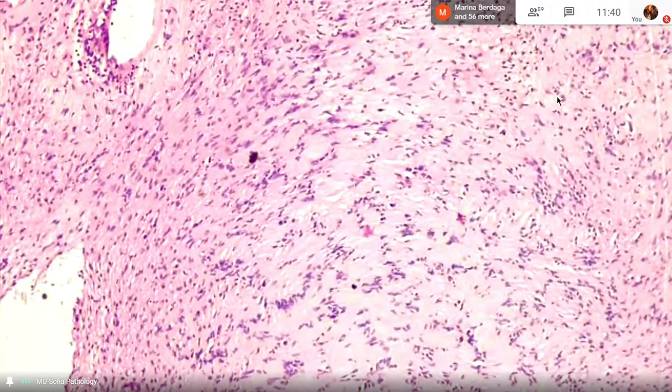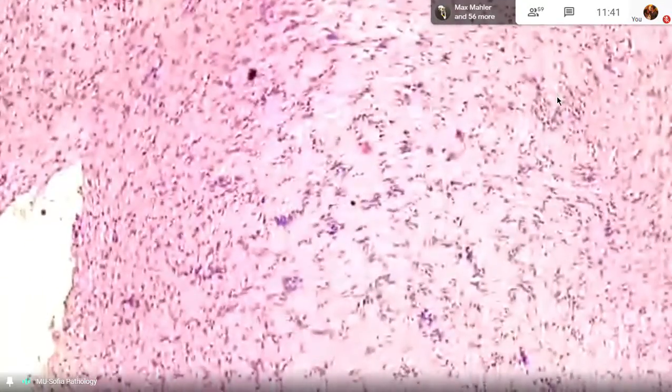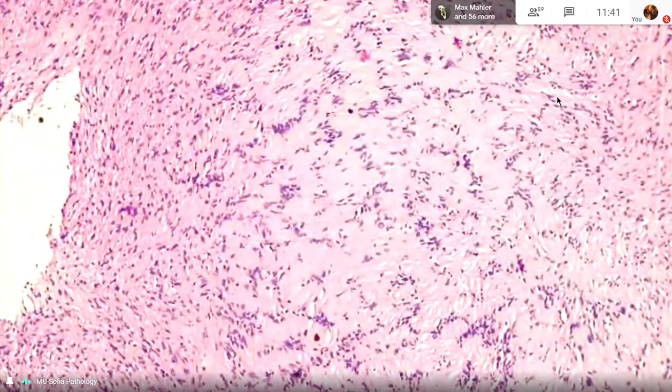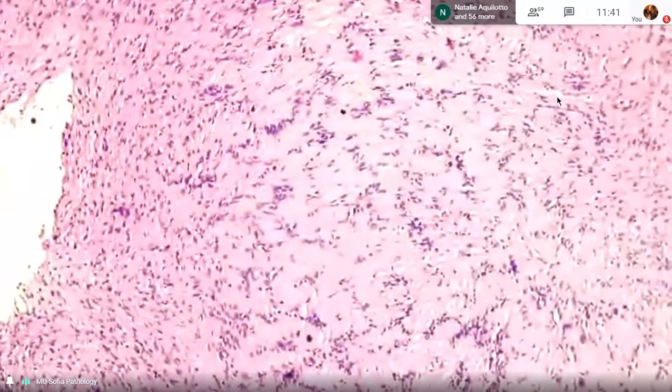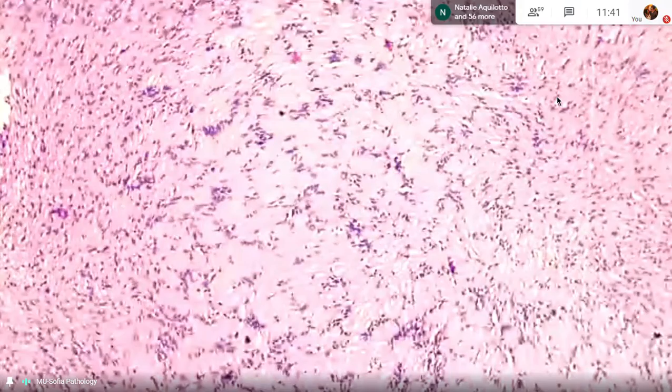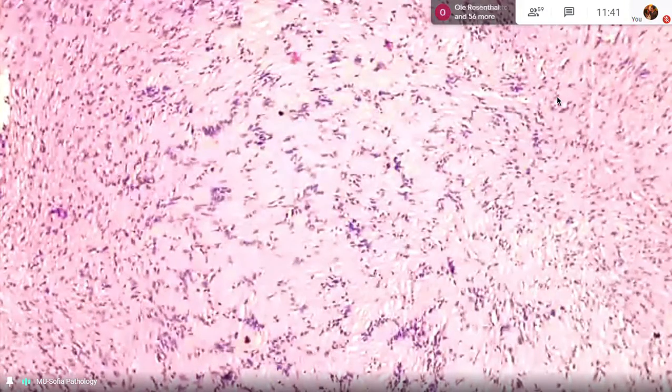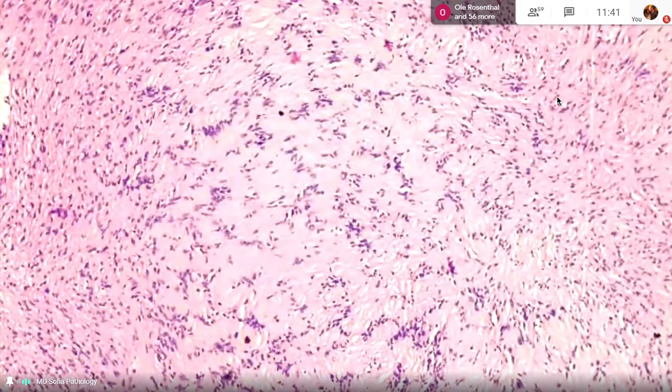One row without nuclei, these are the projections of the cells, one row of nuclei. And these are the Verocay bodies. When you have these Verocay bodies, according to Antoni, these are Antoni A fields. They are very, very specific for the tumors that originate from the peripheral nerves, including nevrinoma.